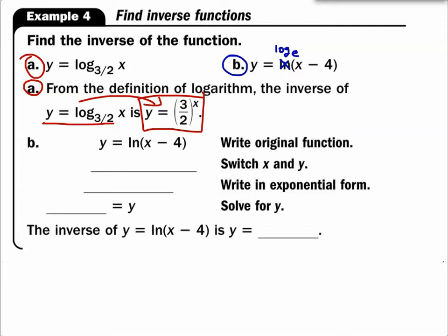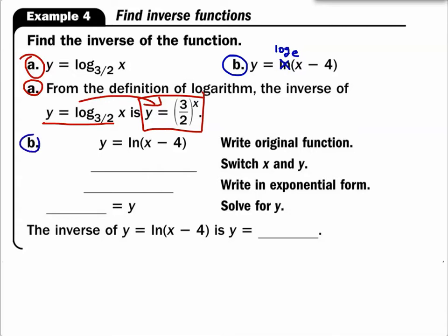Everything is backwards in Latin because it's like French. It's log base e because it's the natural logarithm. It's the logarithm base of the natural number, which is e, which is what we talked about in the last unit. Anyway, so y equals log base e of x minus 4.